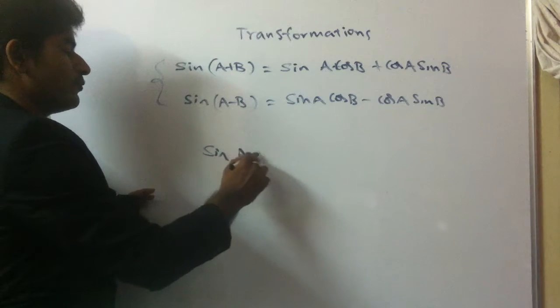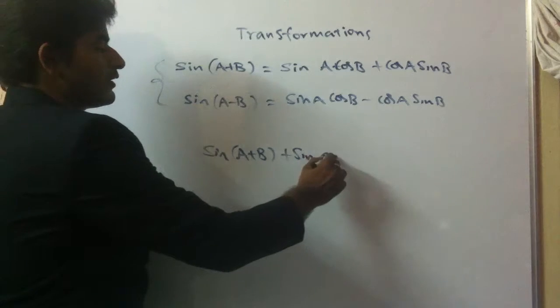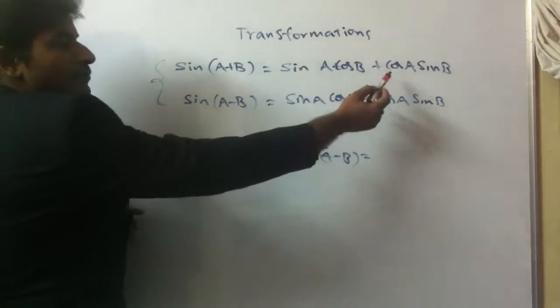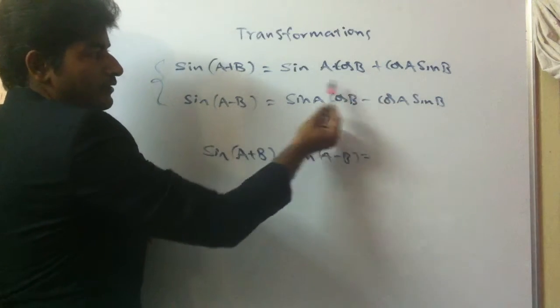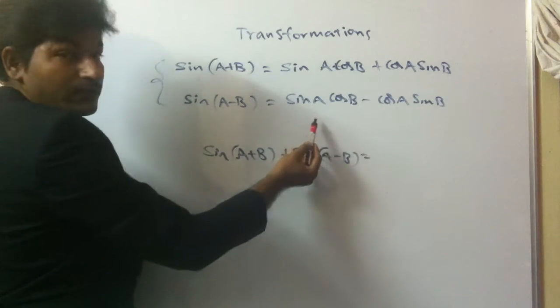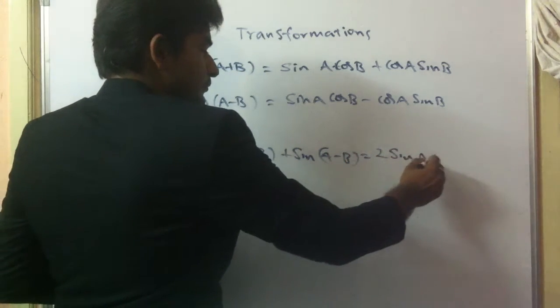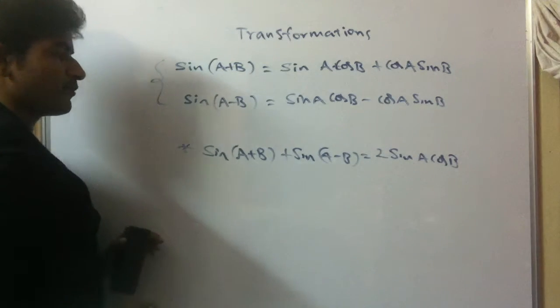The result is sine of a plus b plus sine of a minus b equals. This is a positive quantity, this is a negative quantity, both cancel. Sine a cos b occurs two times here. So the result is 2 sine a cos b. This is most important.